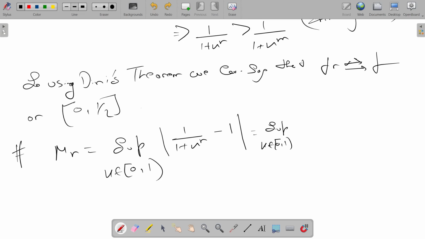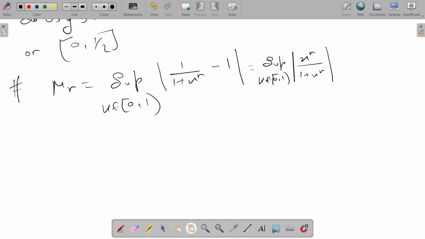If we remove the minus, since it is a modulus, it is x to the power n by 1 plus x to the power n. So we need to find the supremum Mn. Let me write g(x) to be x to the power n by 1 plus x to the power n.